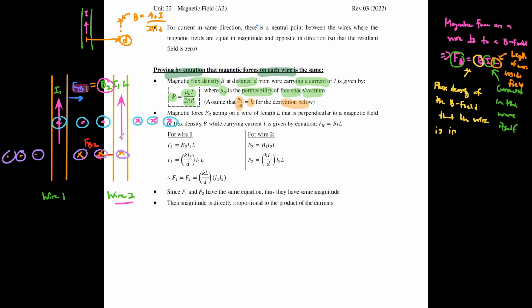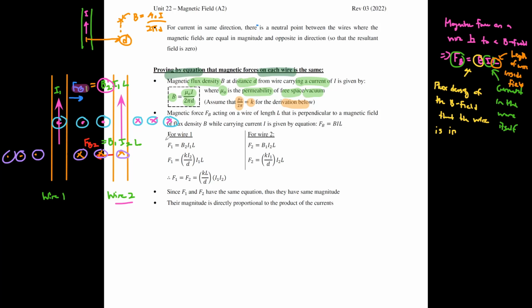Now, if I wanted to find the magnetic force on wire 2, it should be B1 I2 times L. Why is it B1? It's because it is in the magnetic field of wire 1. Why is it I2? It's because you're talking about wire 2 right now, so you have to consider the current in wire 2. Okay, so these are the expressions for the magnetic forces on wire 1 and wire 2.